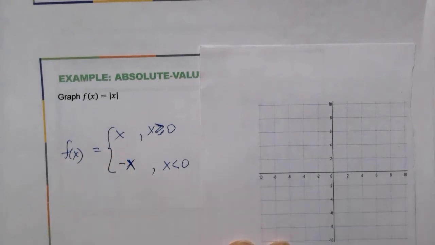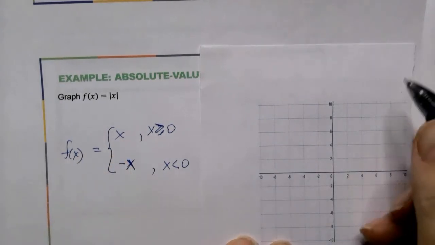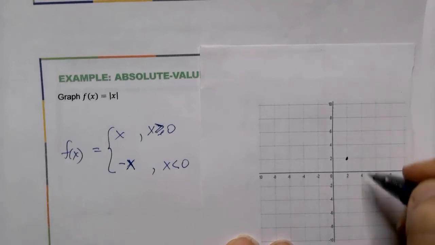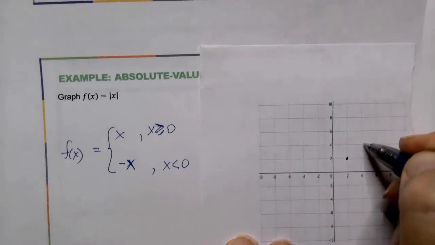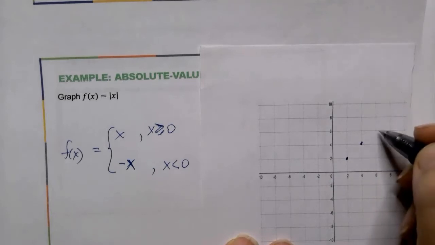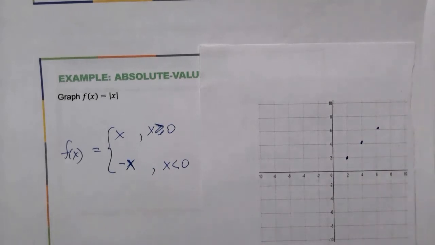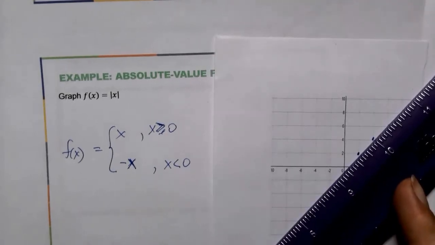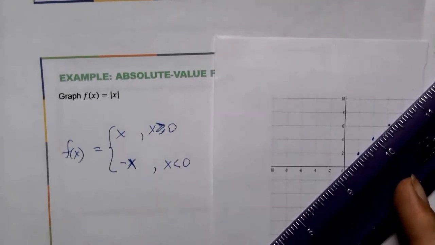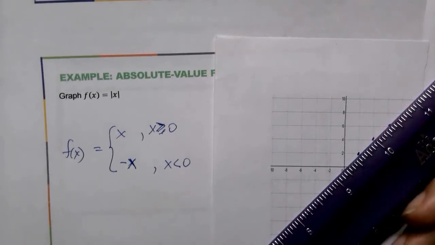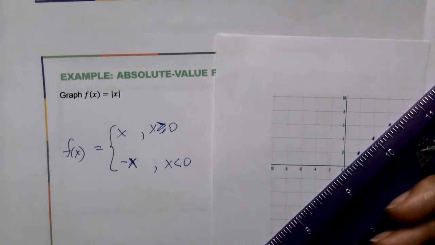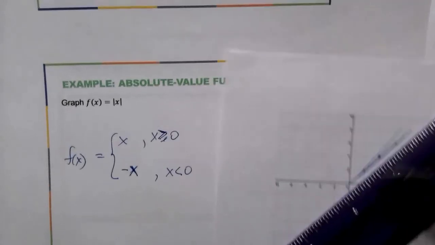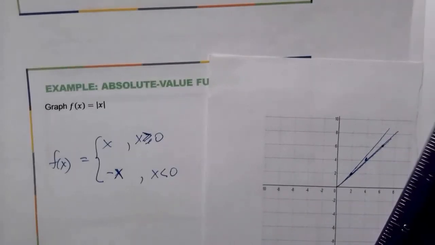So y has the same value as x. If x is 2, then y is 2. If x is 4, then y is 4, and so forth. But it only works from x equals 0 and up.